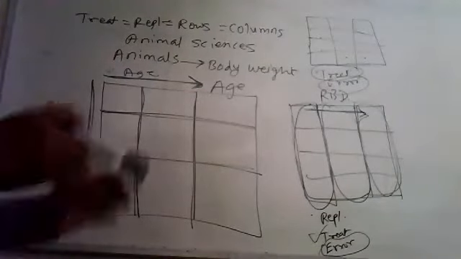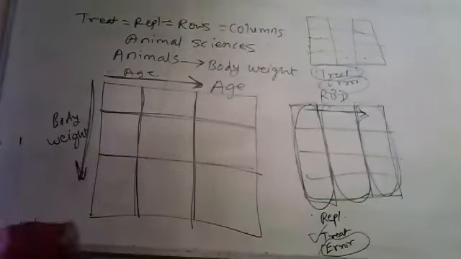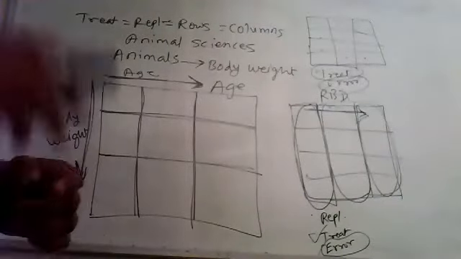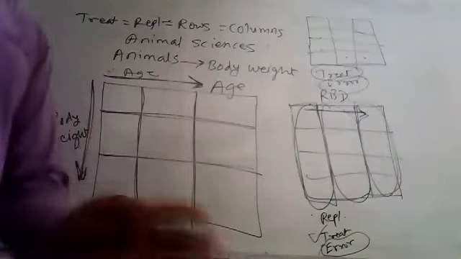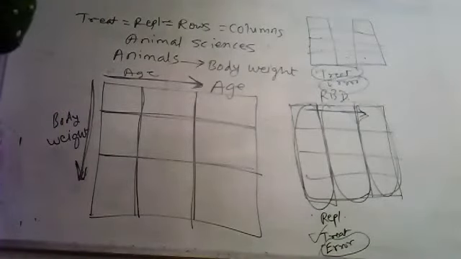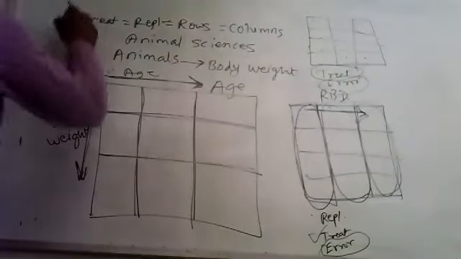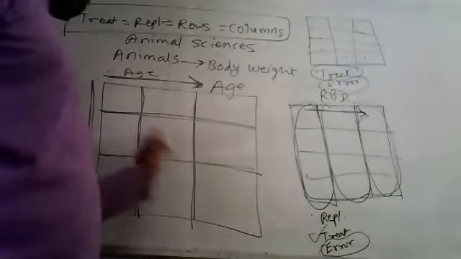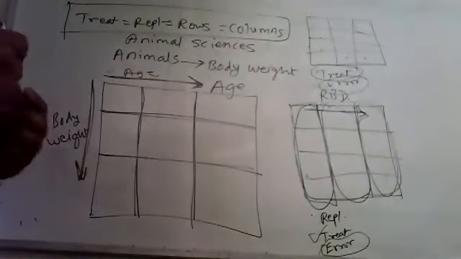In that case we are using LSD design. ठीक है, LSD design कब यूज होती है? Mostly it is used in experiments on animal sciences and in field experiment. फील्ड एक्सपेरिमेंट में कब यूज करते हैं? जब फर्टिलिटी ग्रेडियंट दो डायरेक्शन में हो या फिर ग्रेडियंट की डायरेक्शन हमें पता नहीं है, unknown fertility gradient. In this situation, LSD design is used. Okay, and the condition for this LSD design is that the number of treatments and number of replications, and whatever rows and columns you are preparing, should all be equal.